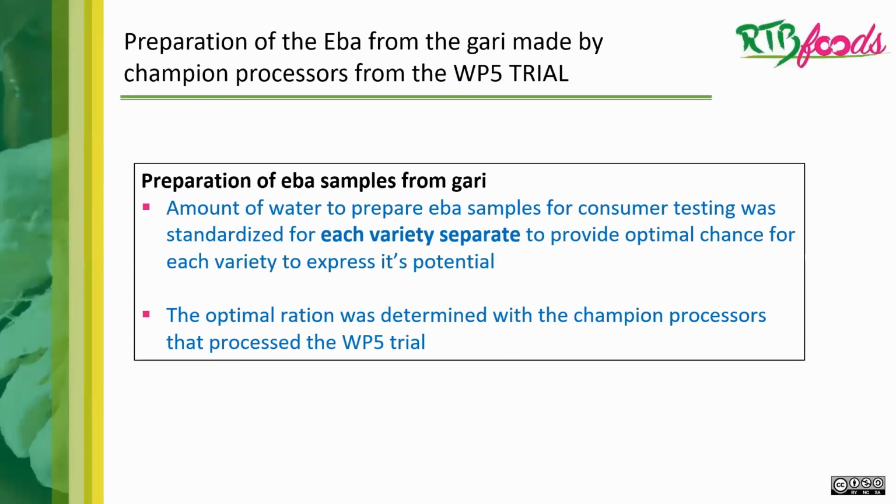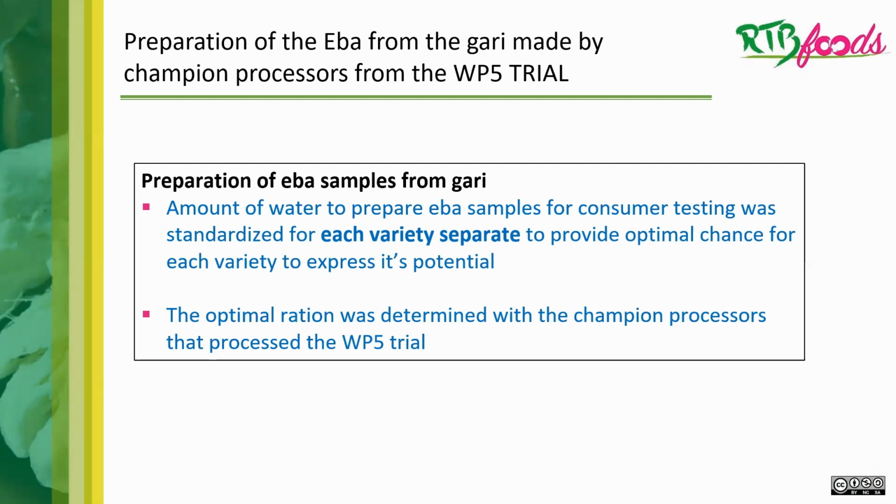Then the preparation of the ABA from the GARI made by champion processors from the WP5 trial. So we had these trials in those 2 states, and all the varieties were grown there and processed by champion processors. For each variety, we determined the amount of water that is suitable. What is the best ratio for each variety?